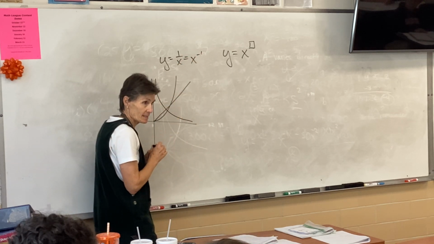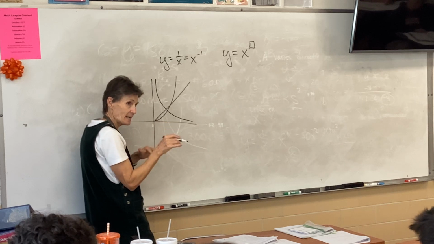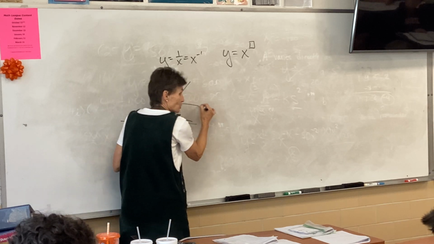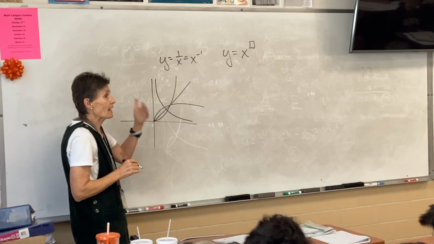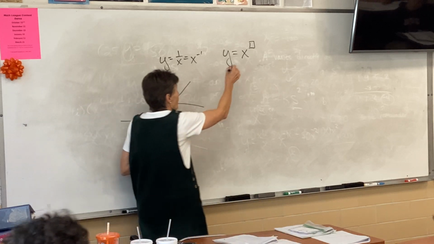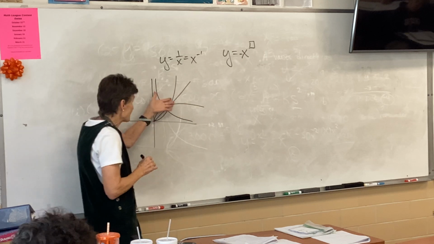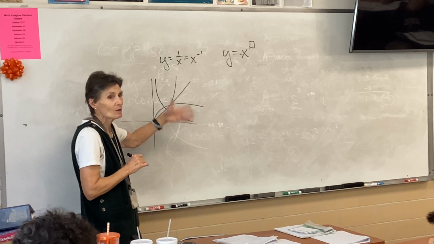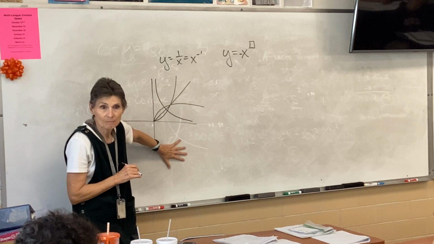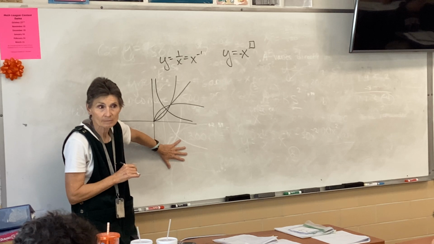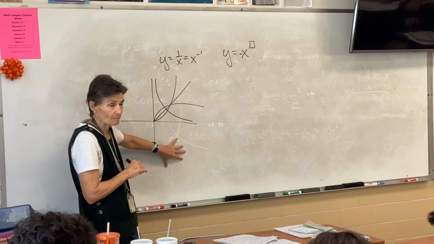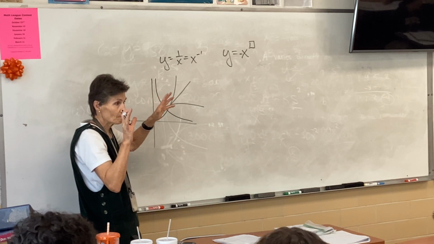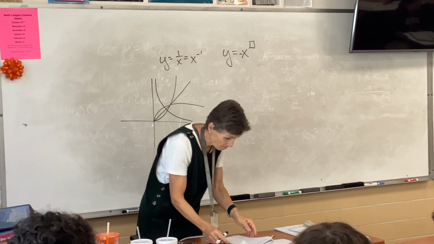If it's less than 1, still positive, you're going to have your square root behavior like that. If you put a negative in front of any of those, it simply flips you across the x-axis. So the shapes stay the same, you're just down here. Got it? All right, let's get back to business then.